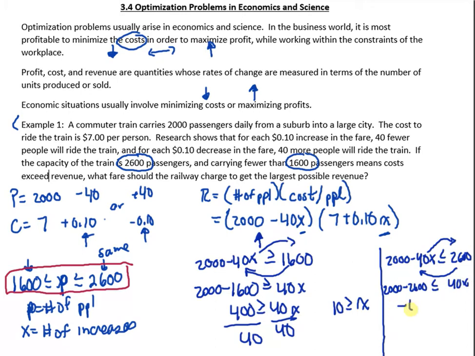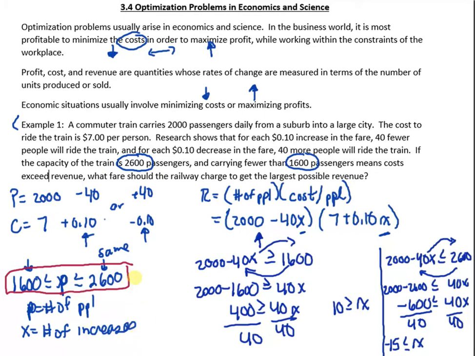I get negative 600 is less than or equal to 40x. Divide that out: negative 600 divided by 40 is negative 15. So this is the actual domain of x.